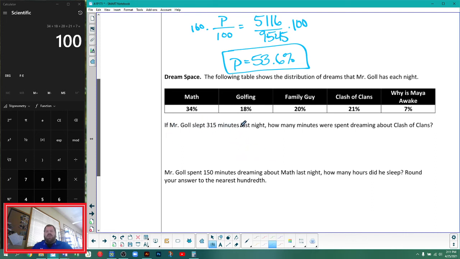So if Mr. Gall slept 315 minutes last night, how many minutes were spent dreaming about Clash of Clans? Shows you how dated it is. Or maybe it's not. I don't know. So 21 is the percentage we're working with. The total time I slept ends up being my of, and the specific number of minutes that were spent is the is. So we're looking for the is. 21 over 100 equals my is over my of.